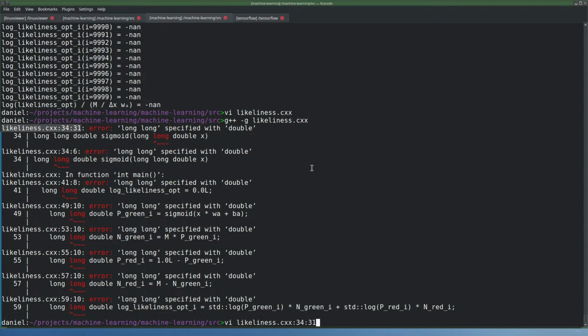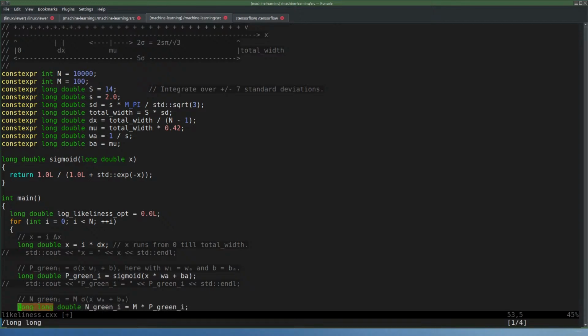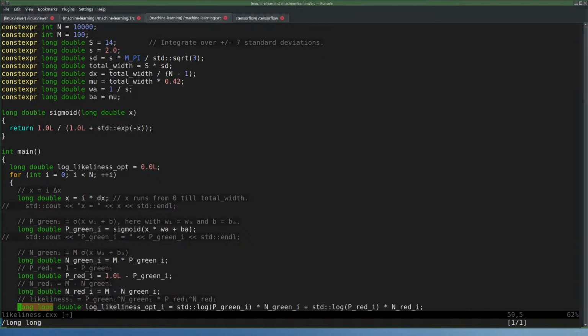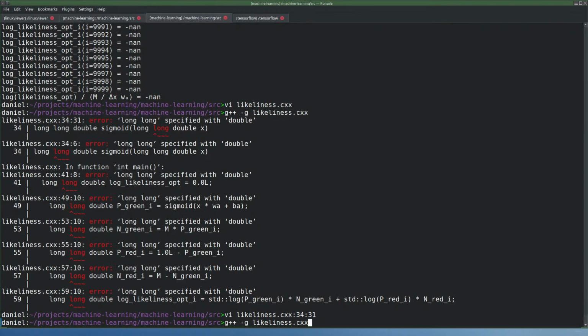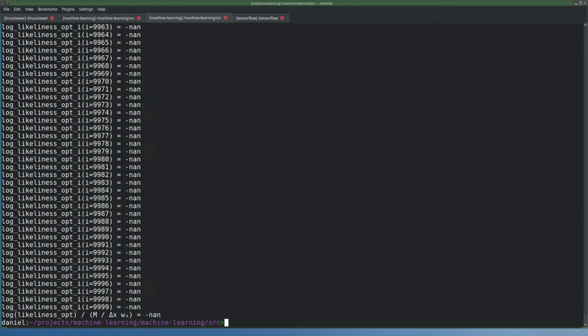Oh, really? I already had a sigmoid there. Turned to long doubles. My god, I was already using long double everywhere. Didn't even know that. Well, in that case, nothing will have changed, right? Nope. Why the hell does it turn into not a number?